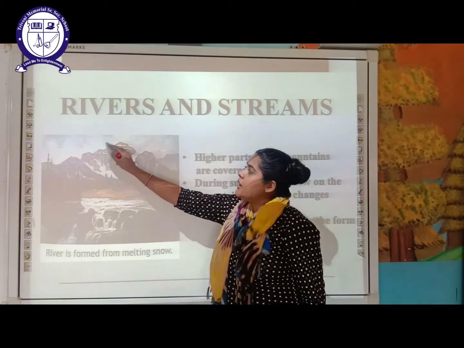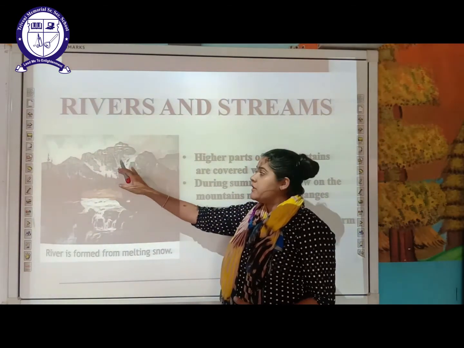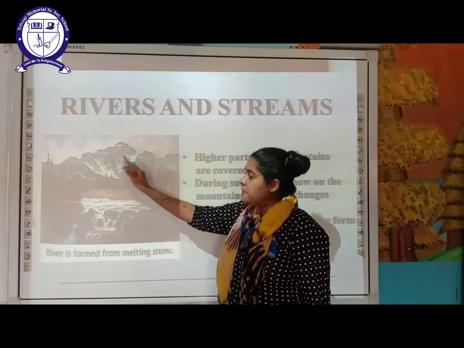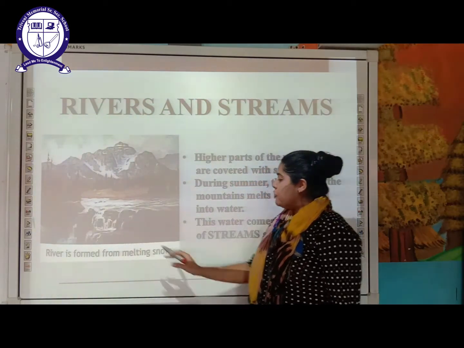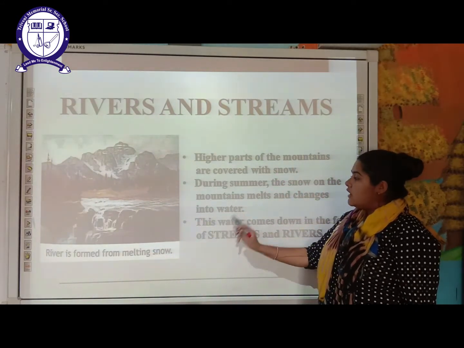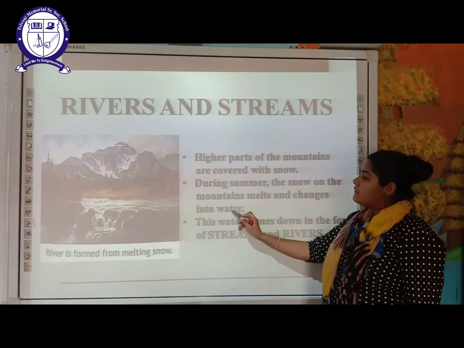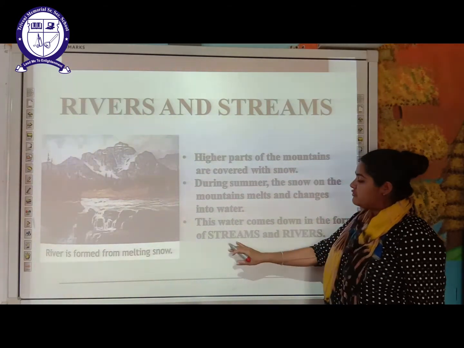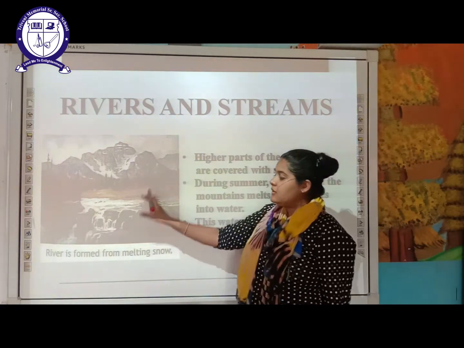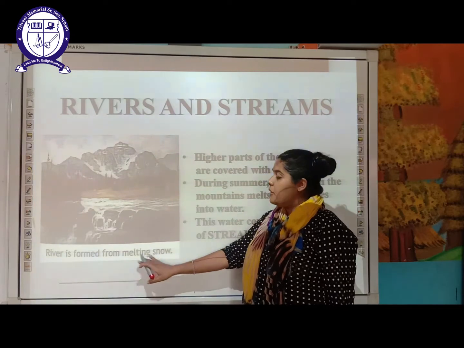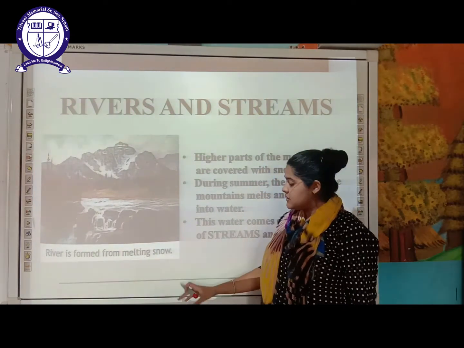Because of the high temperature, the snow melts and forms streams and rivers. This water comes down in the form of streams and rivers. In this way, the two other sources, rivers and streams, are formed by the melting of snow.